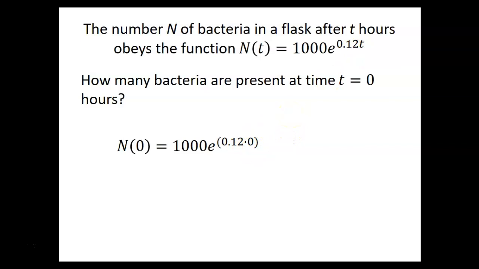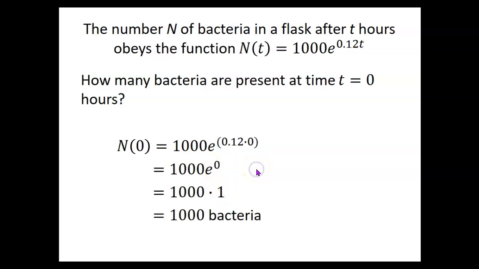We can do this one without a calculator, because 0.12 times 0 is 0. And e to the 0 is 1, because any number to the 0 power is 1. And then 1000 times 1 is 1000. So the answer to that question is 1000 bacteria.